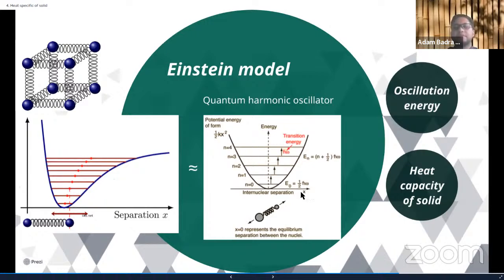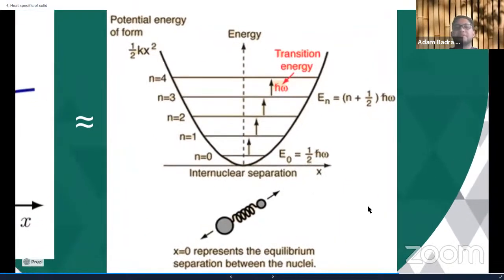So do you remember about this? Do any of you remember? If you have a mass connected to a spring, the classical potential energy is half kx squared. If you input it into quantum mechanics, in the Schrodinger equation, you find that the energy is quantized.